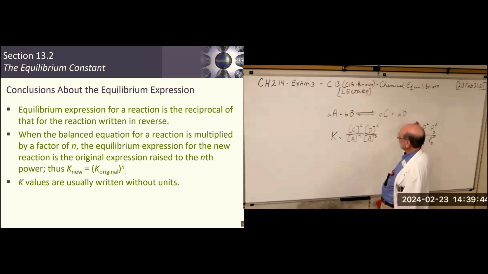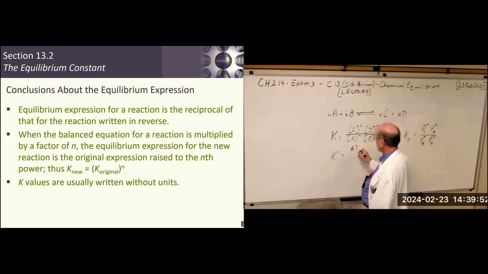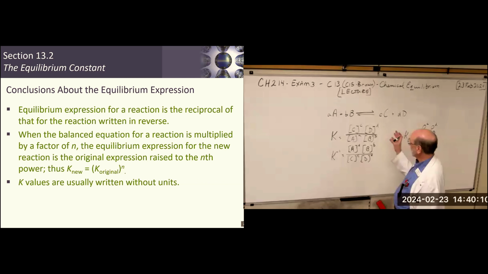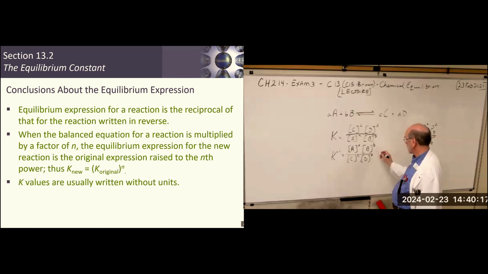The equilibrium expression for the inverse reaction will have A on top. If you have the value for this one and you want to know what it is in reverse, you just take the reciprocal of this value. So this would just be 1 over K.